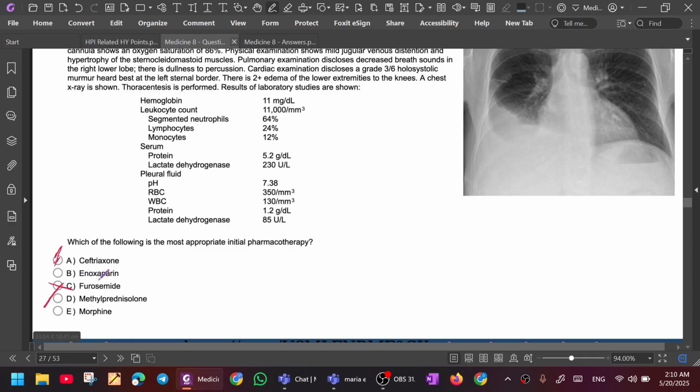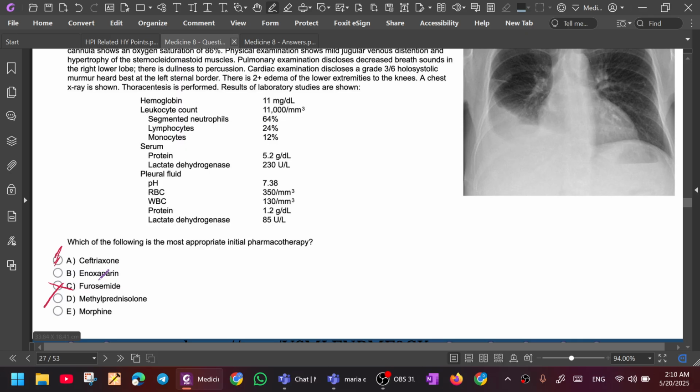A single positive criterion defines an exudative fluid. For this patient, the protein ratio is 0.23, because it is 1.2 over 5.2.